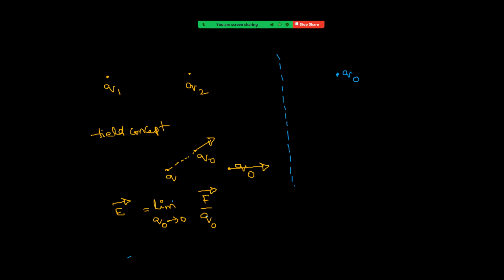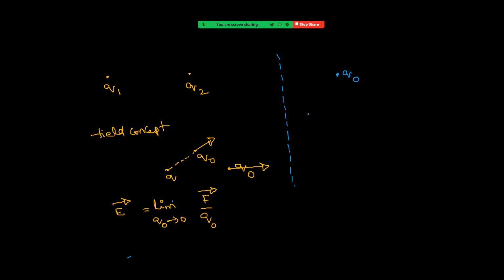In words, it is the force experienced by a unit positive charge placed at that point, because when Q naught is equal to plus 1, E bar equals F bar, right? That is the way we are giving it in a sentence. And we have taken the charge very small so that it should not disturb the existing electric field, right?